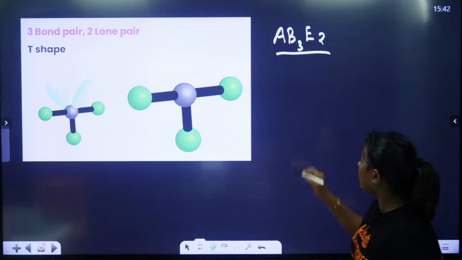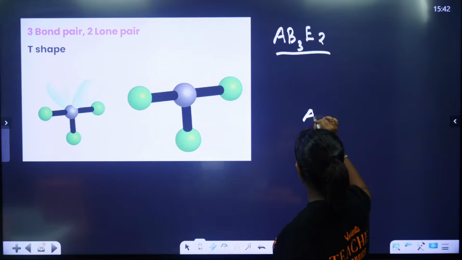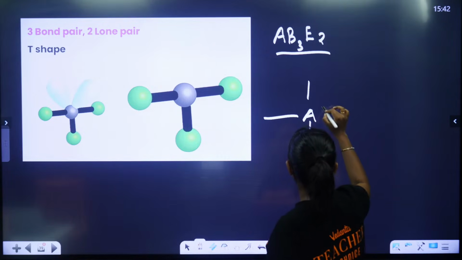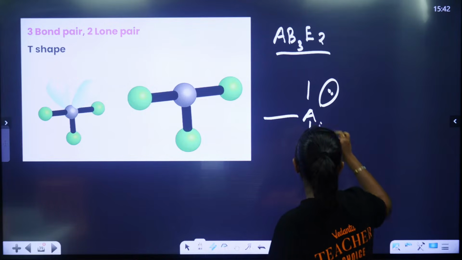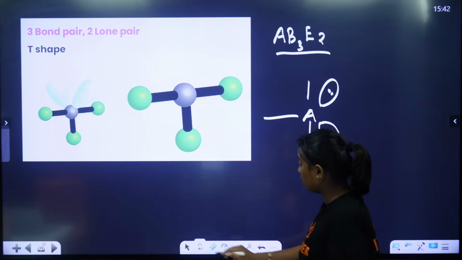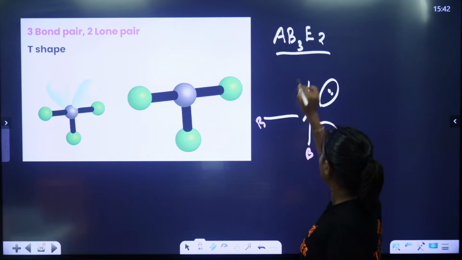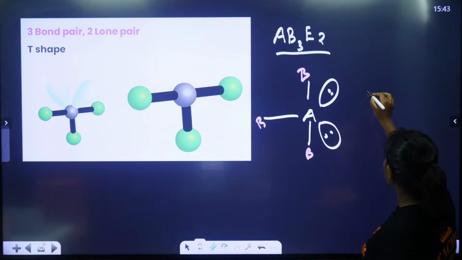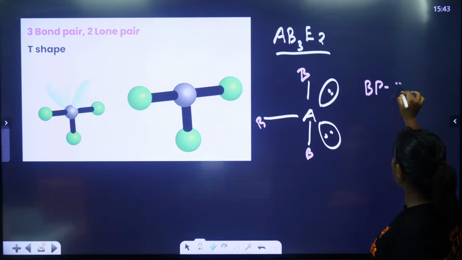Here bond pair is equal to 3, lone pair is equal to 2.